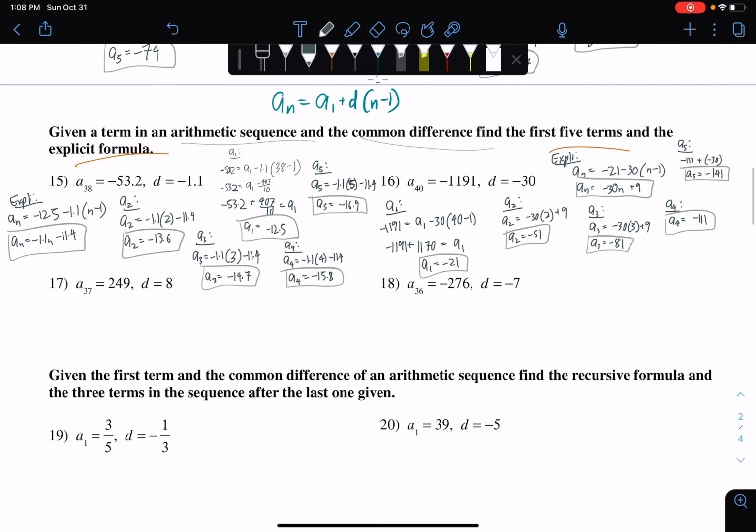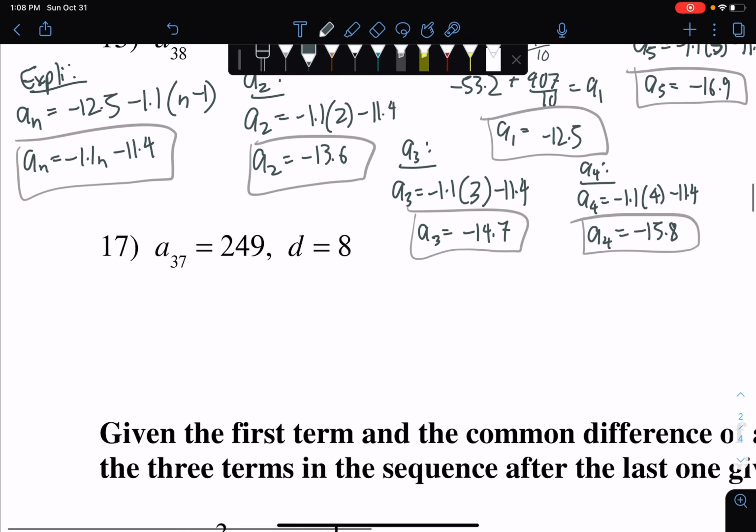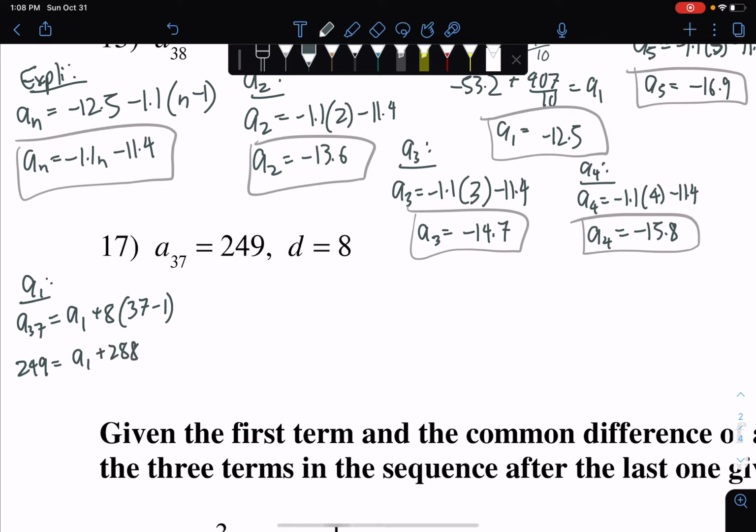Okay, for number 17, find a sub 1 again. A sub 37 is equal to a sub 1 plus 8 times the quantity 37 minus 1. A sub 37 is 249, which is equal to a sub 1. 8 times 36 is positive 288.